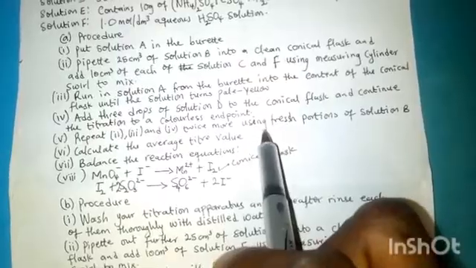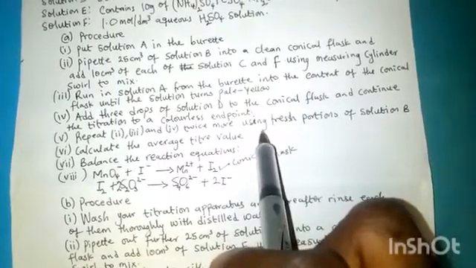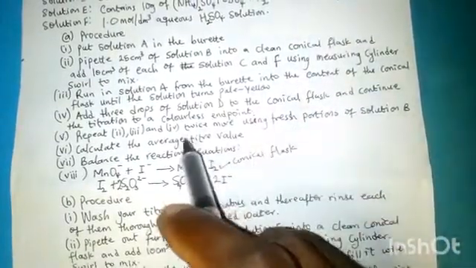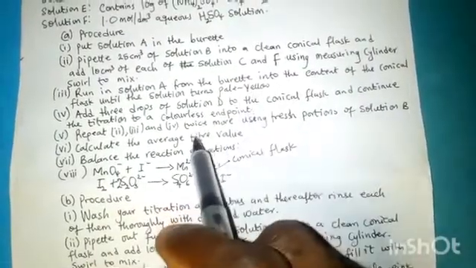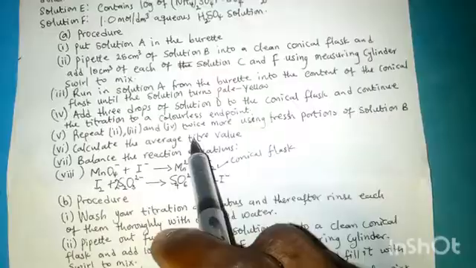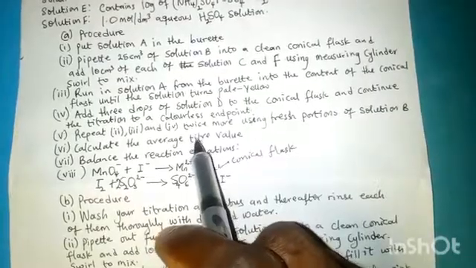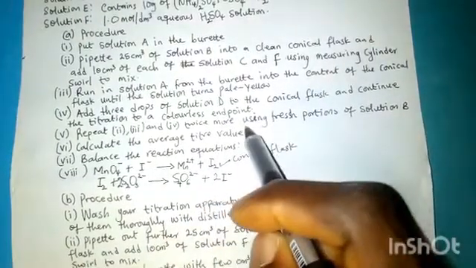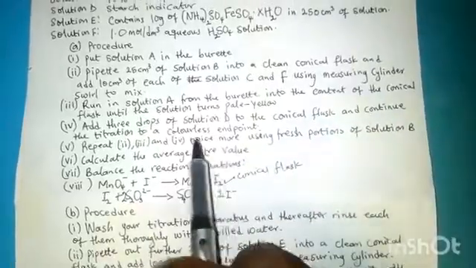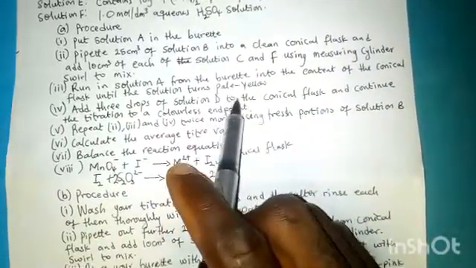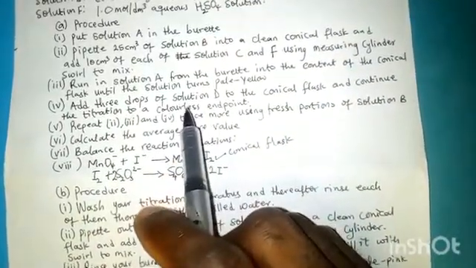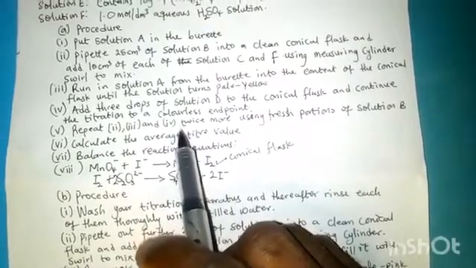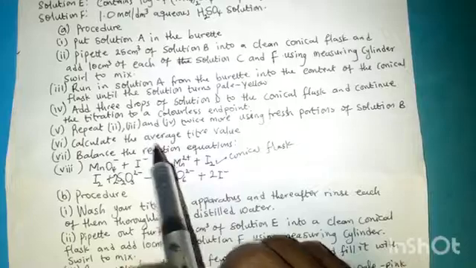Once you add that, the solution changes to a different color, which is kind of blue-black. Then you titrate until you have a colorless endpoint. At the point where you have the pale yellow, the titration is about to end, so you need to be very careful in adding the other drops after your indicator has been added.